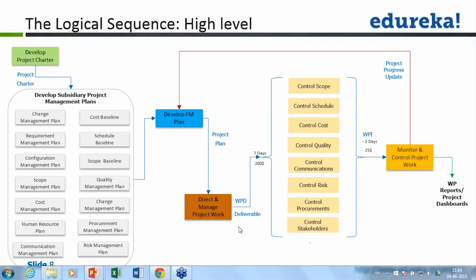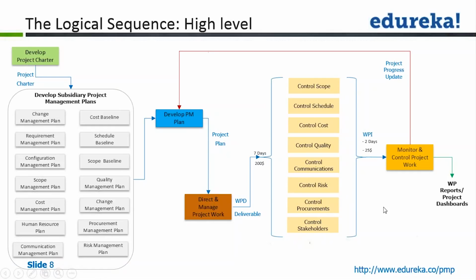Okay, so we were talking about monitor and control project work. The output will be your project report and project dashboard. We had this deviation there. Work performance information says we are not as per plan, so we need to find out why there is a deviation. What is the reason for this deviation? To control that situation, we will then have to take appropriate action.